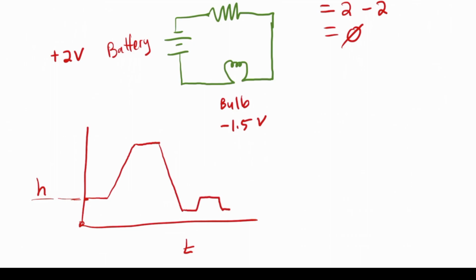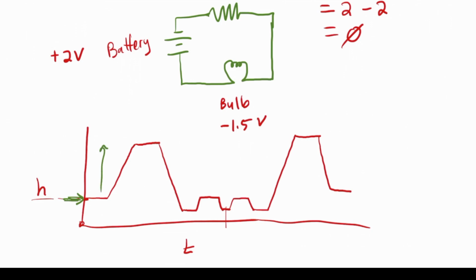When I turn around and come back home, I'm going to go through all the same things again. So I'm going to encounter that bump that I encountered in the road. I'm going to encounter the big hill. And no matter what path I take, I will always end up at the same height I was at the beginning. So my gravitational potential energy started at some level here.